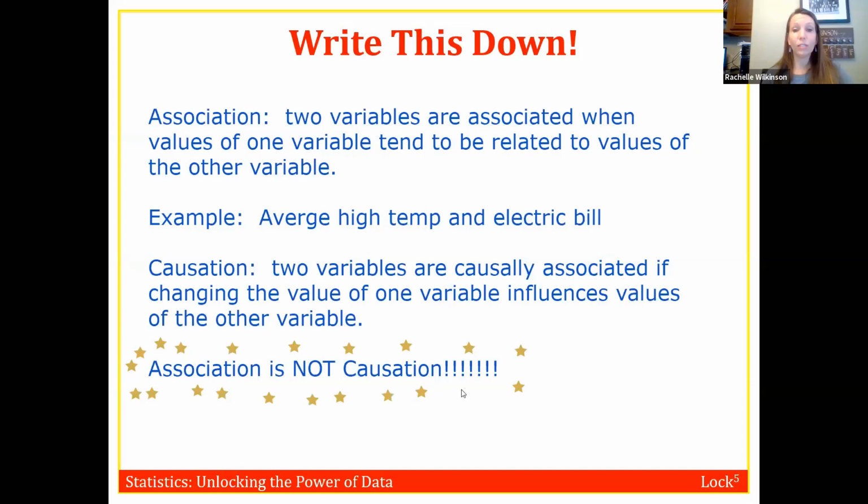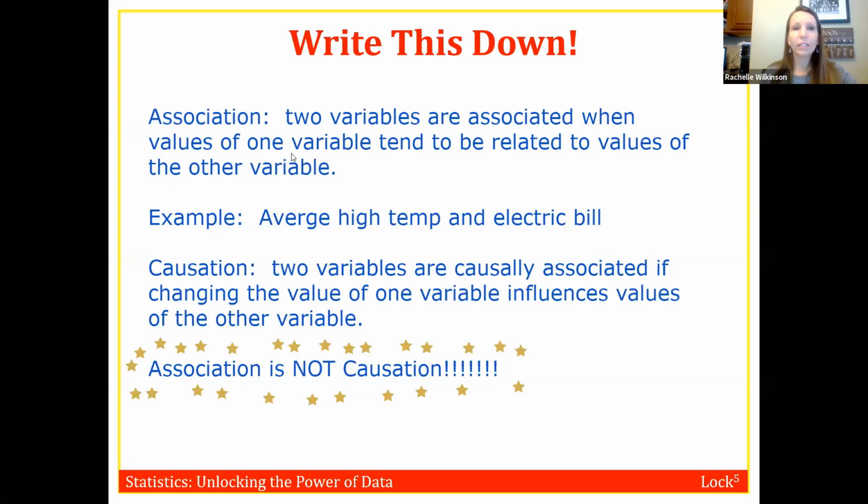This idea that association is not causation, because frequently you're going to read on the internet, hear in the news, all over, people trying to imply a cause and effect relationship when maybe the way that they collected their data does not support that conclusion. It happens all the time. So I want you to be very careful when you hear the word cause, and I want you to ask, how was this data collected? And based on how it was collected, can we draw a cause and effect conclusion?